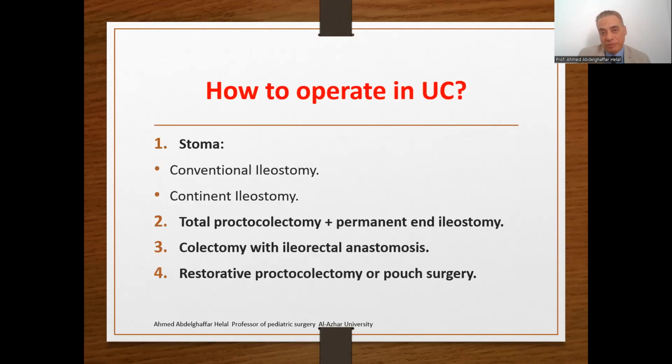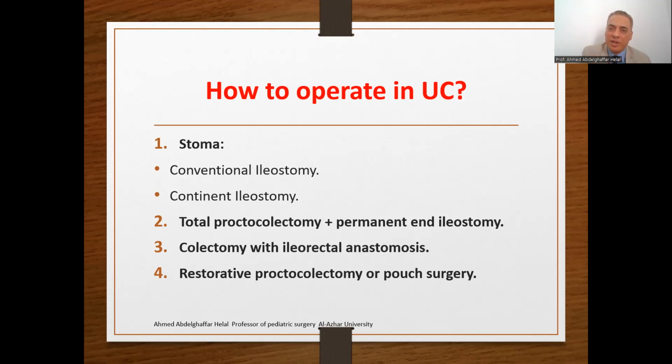How to operate? Actually, the philosophy of the treatment of ulcerative colitis has been the same over the past many years. However, the treatment developed. At first, pediatric surgeons performed just a stoma for the treatment of ulcerative colitis. However, the question is, what does this stoma provide for the inflamed colon? Nothing.